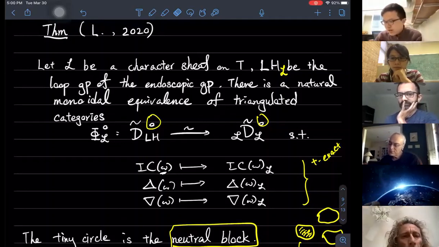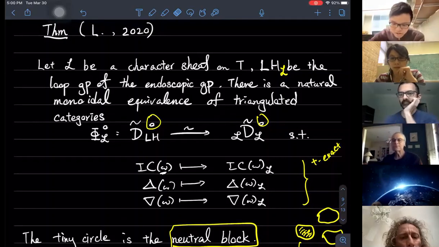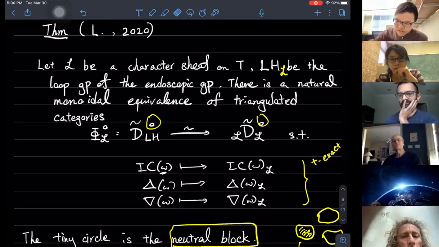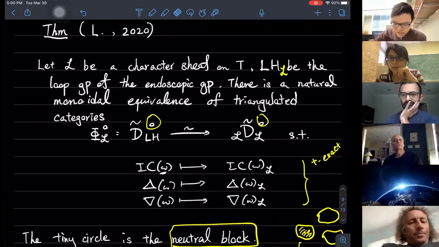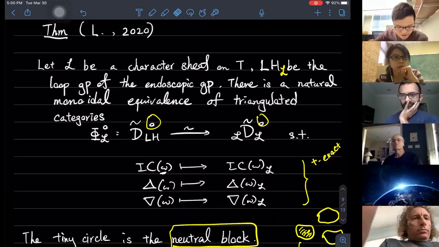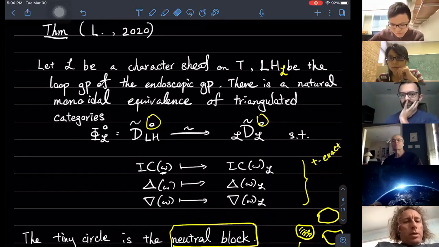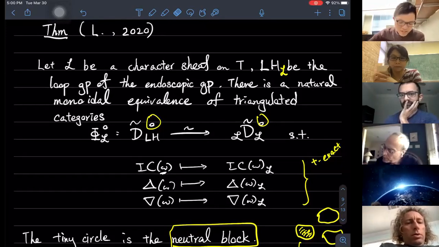Because even if I match the simple objects, the associativity constraints actually depend on a three-cocycle, which is some kind of combinatorial and algebraic computation. I don't know whether this three-cocycle is trivial or not, but if it is trivial, then the equivalence could be extended. If not, then they are not equivalent.